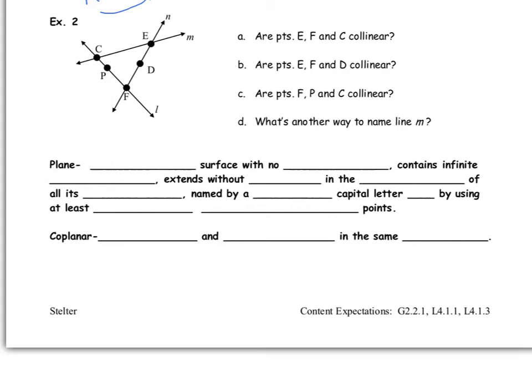So are points E, F, and C collinear? So are they in the same line? So we have point E, point F, and point C. Well, they form a triangle, so I'm going to say no. Are points E, F, and D collinear?